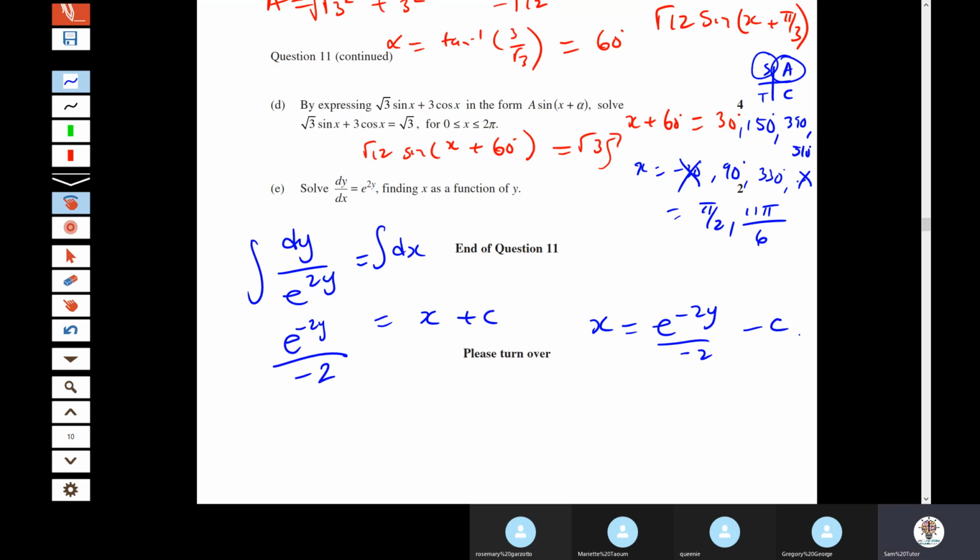But in reality, let's do the one we actually want. So let's do more than the question's asking us. Let's make y the subject for us. Yeah, no, but you know, finding x. If I told you go find y as a function of x, that's the idea. So, anyways, times by negative 2.